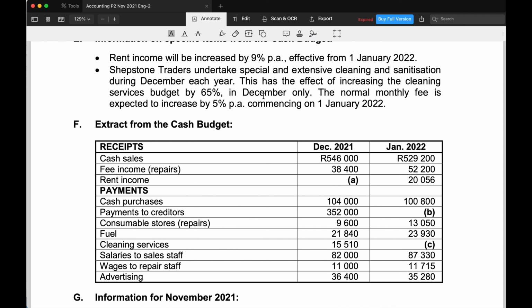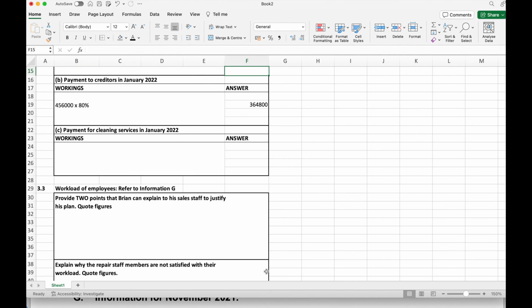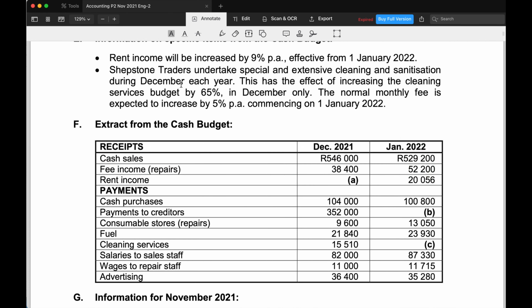The normal monthly fee is expected to increase by 5% per annum, commencing on 1 January. Which amount is given? So 15,510 is given. We need to determine number C. So you use that 15,510. When you read carefully the adjustment, it says it will increase. The normal monthly fee is expected to increase by 5%.